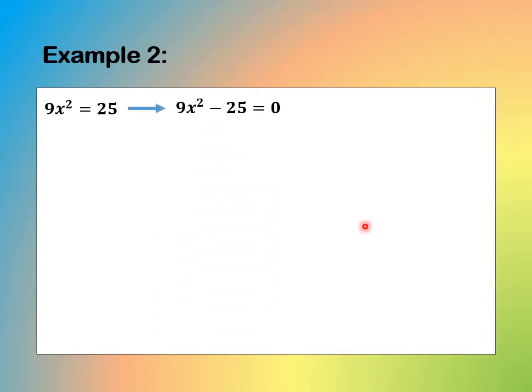So, it will become 9x squared minus 25 is equal to 0. So, dito, may nawawala na namang isang term. Okay? So, we have the values of A as 9, B is 0, C is equal to negative 25.